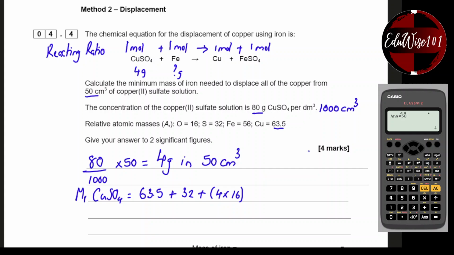So let's do that in the calculator. 4 times 16 is 64, add 32, add 63.5, that gives me 159.5 grams.